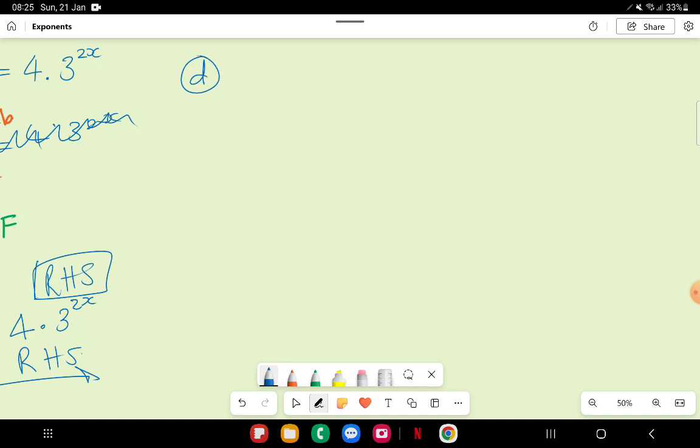Question D says 2 to the power of x plus 3 minus 2 to the power of x plus 2. Okay, everything's already in prime bases, so I am going to split, and I'm splitting everything because everything is at least 2 terms. So my first term is going to be 2 to the power of x. Oh, hold on one second. Remember we're doing the left hand side and right hand side.